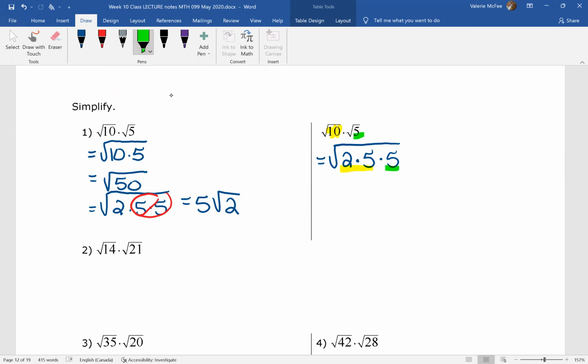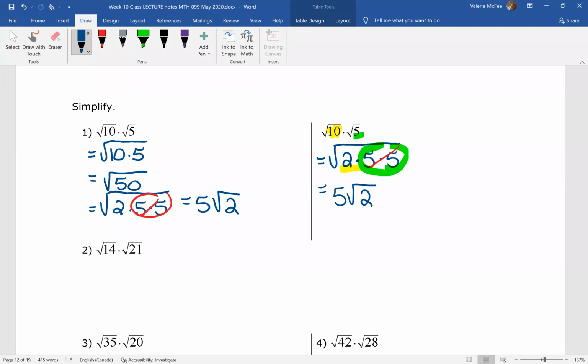You can see I've skipped the first 2 steps of my question there. Now I can see there are 2 factors of 5 that can be taken out. This simplifies to 5 root 2.